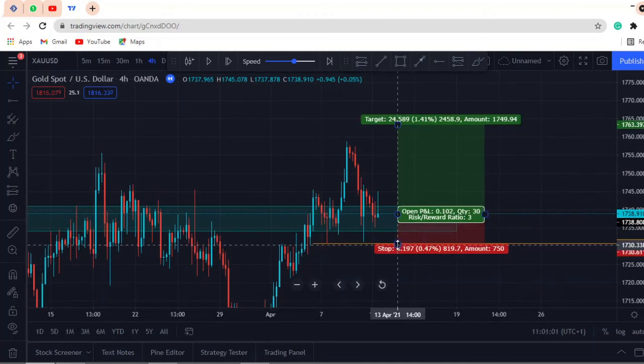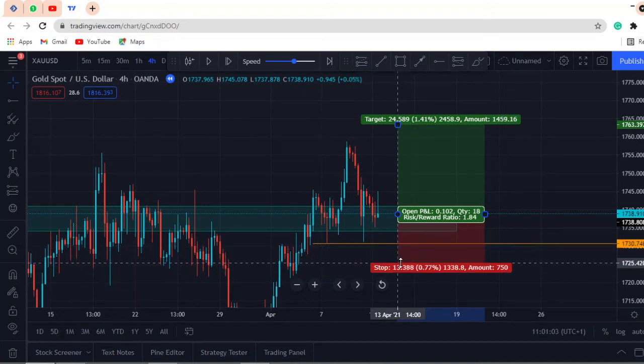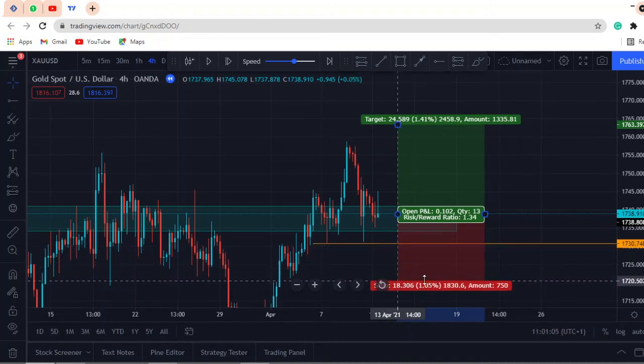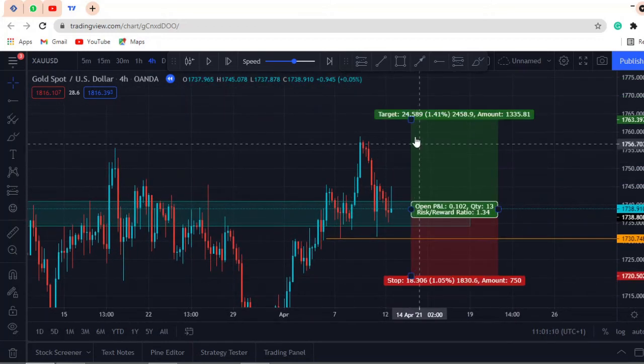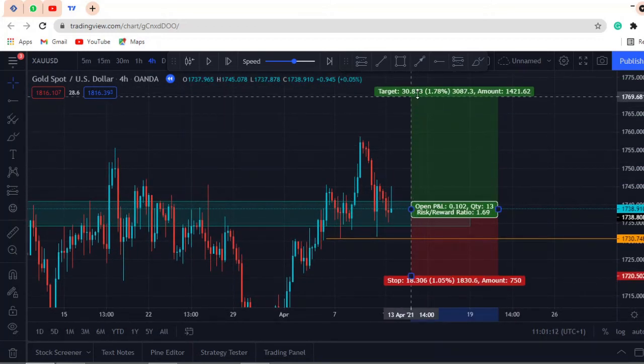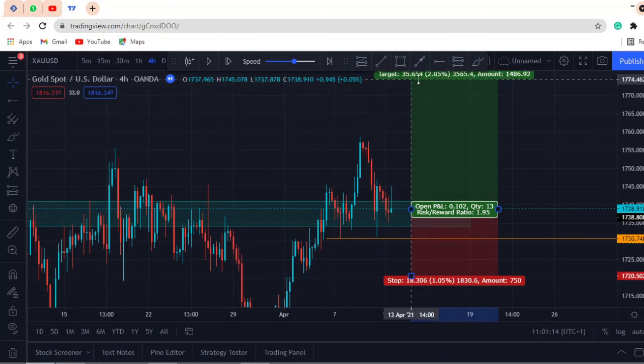So for me, I'll rather put my stop loss somewhere around down there, lower than this, and then perhaps target 2 times. Let's see if you can get 2 times. Now I know somebody might say that's a very big stop loss.